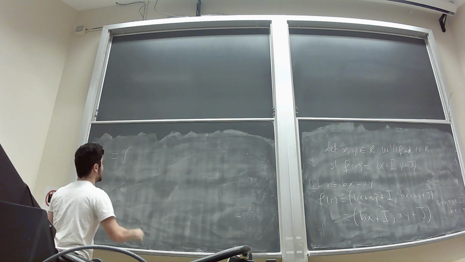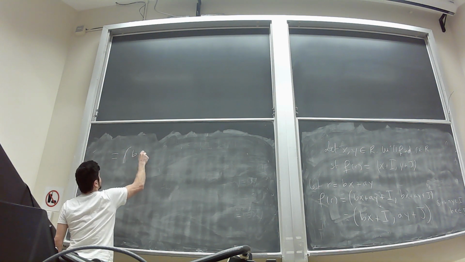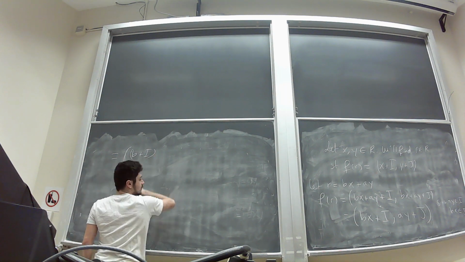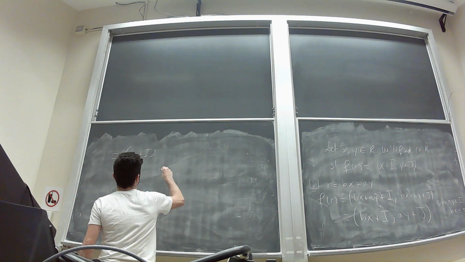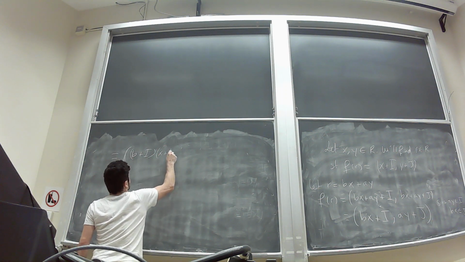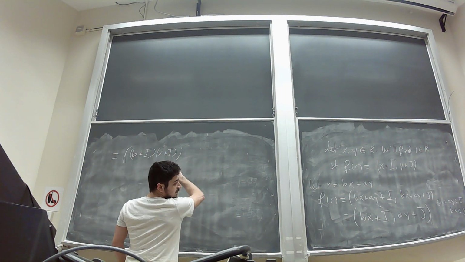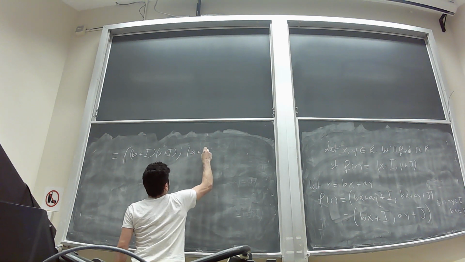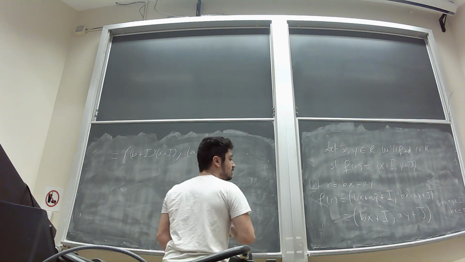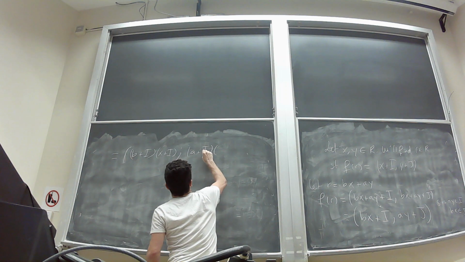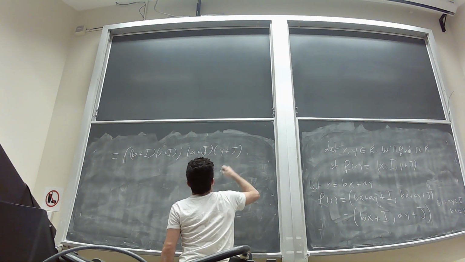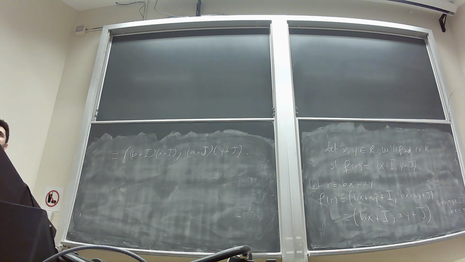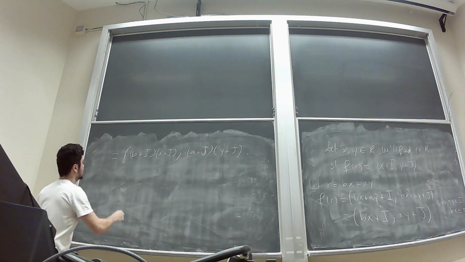So this is just (b plus I) times (x plus I), comma, (a plus J) times (y plus J). Now what is a plus J? a plus J is equal to 1 plus J, right?